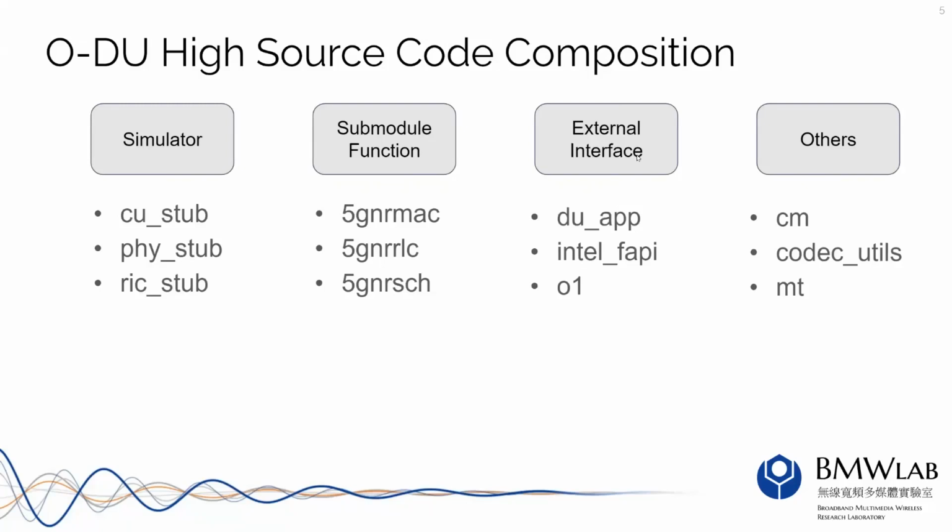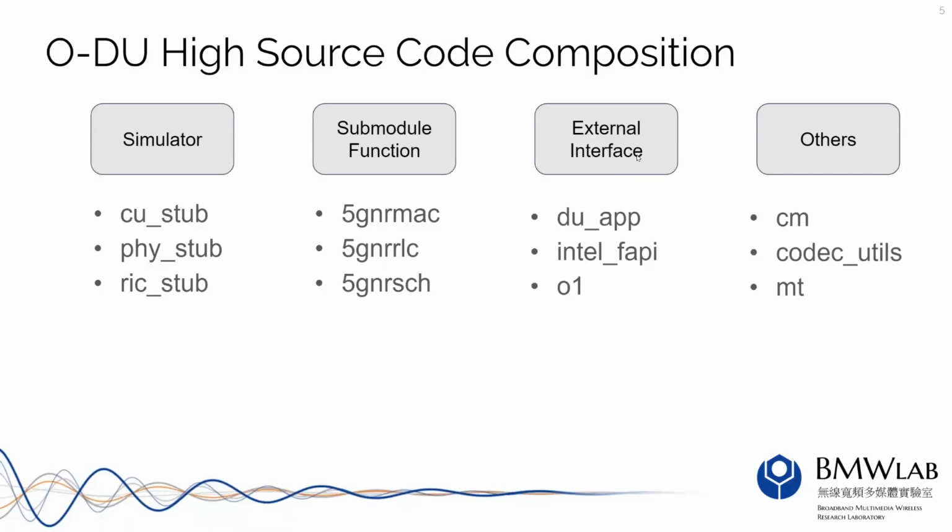In ODU, the major function is the protocol stack of MAC and the IOC. So if you treat DU app as a RIC platform, I guess you can understand the meaning. So the DU app is the platform to the upper layer, then the Intel FAPI is the interface for the lower layer.